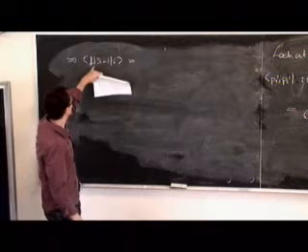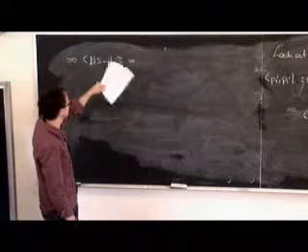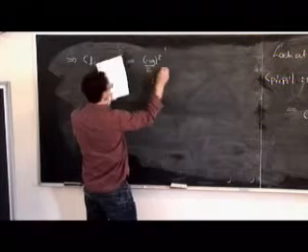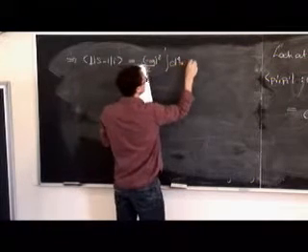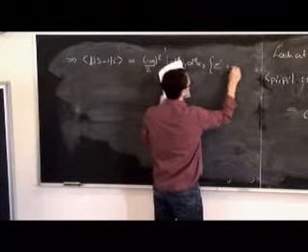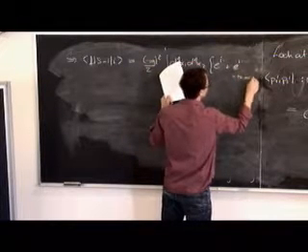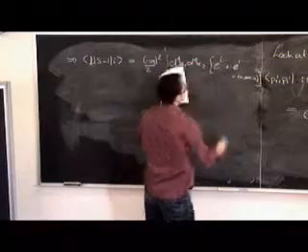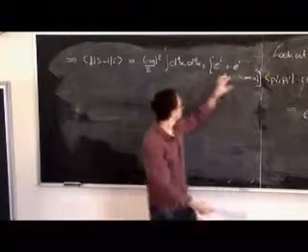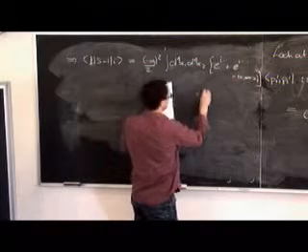Plugging all this in, if we compute the amplitude for this initial state to go to the final state at order g squared, what we get is minus i g squared over 2 times the integral over d⁴x, all of these exponentials plus the x1 minus x2, times the propagator.